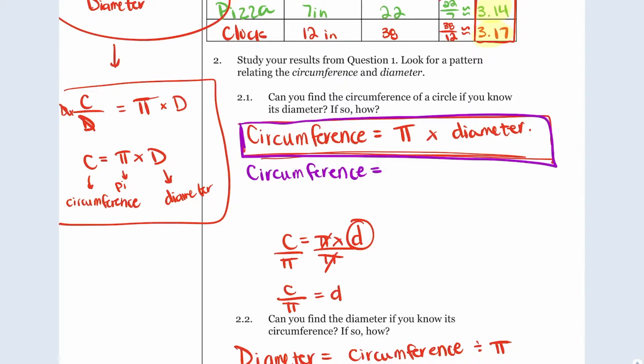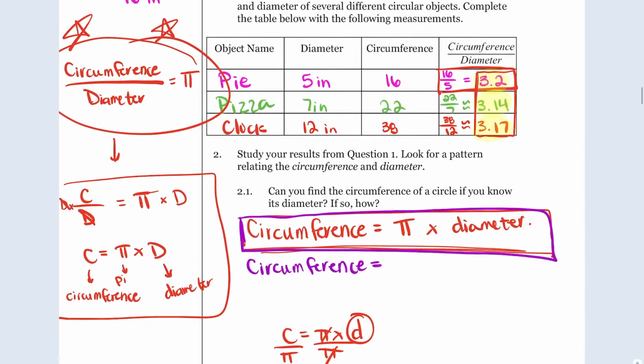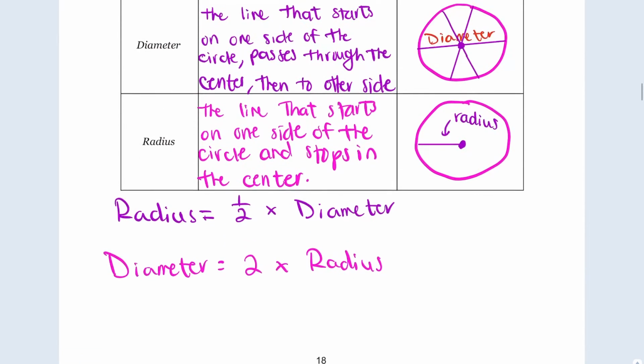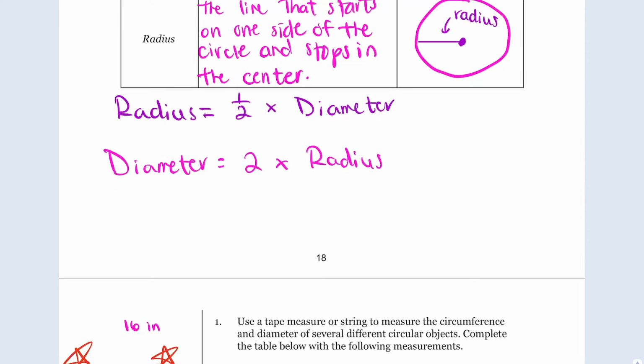So remember, we're multiplying pi times the diameter. I'm looking for a formula that I can use when I'm given a radius instead of a diameter. So I'm going to look back at my vocabulary, specifically these two relationships.